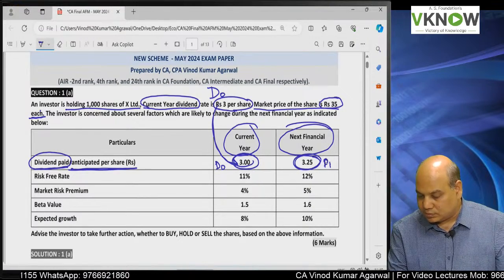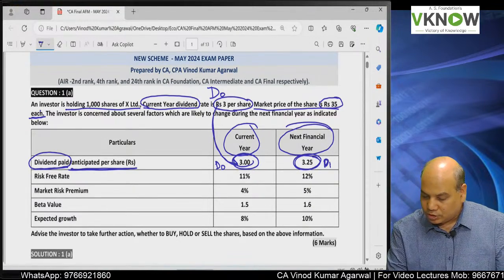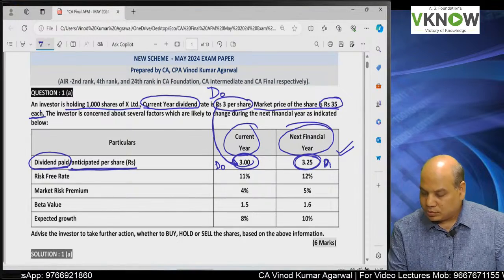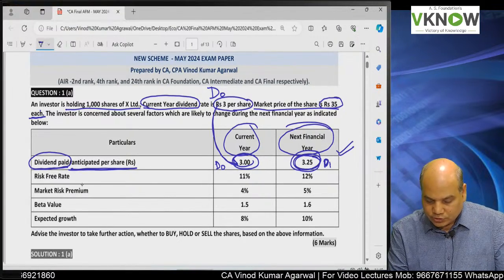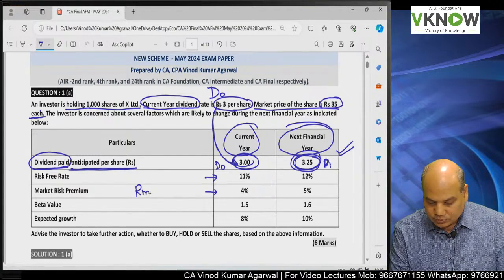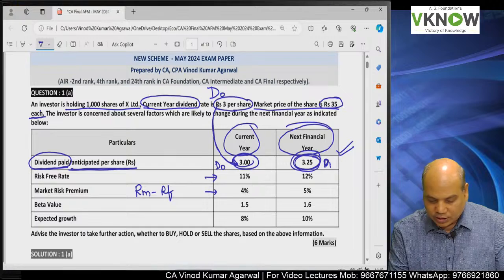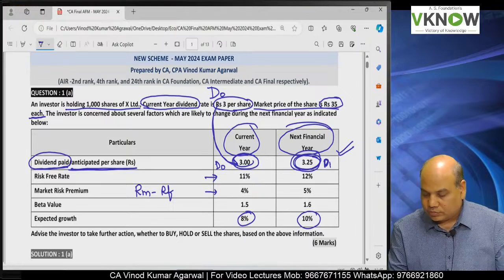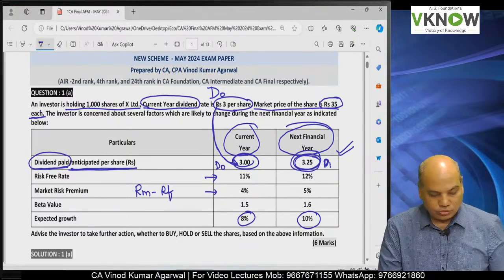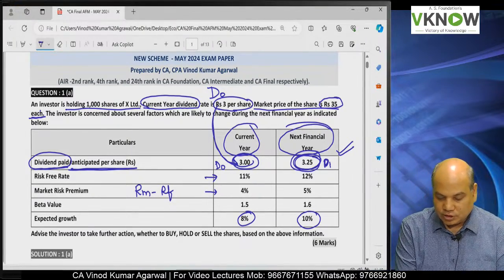If you are using the anticipated or revised column, then take 3.25 as it is. Next, the risk free rate RF is given, the market risk premium, meaning RM minus RF, is given, beta is given, and expected growth, which you are going to get in the next financial year.